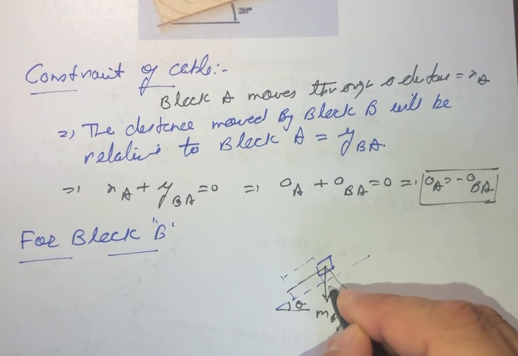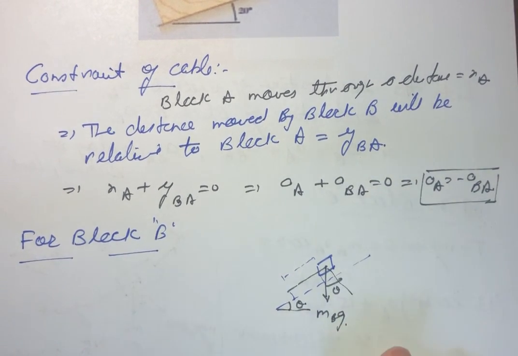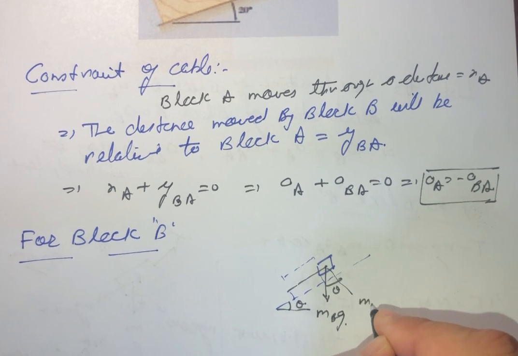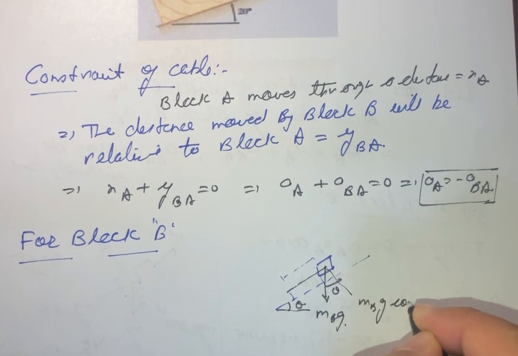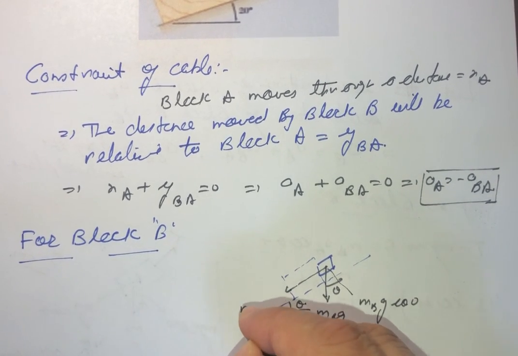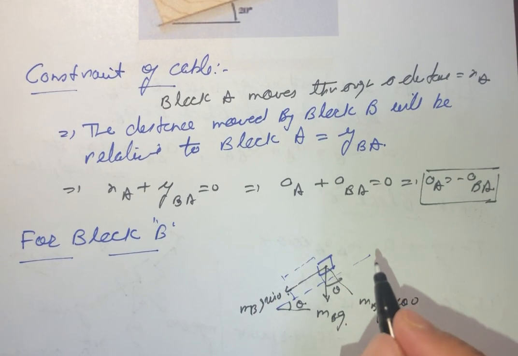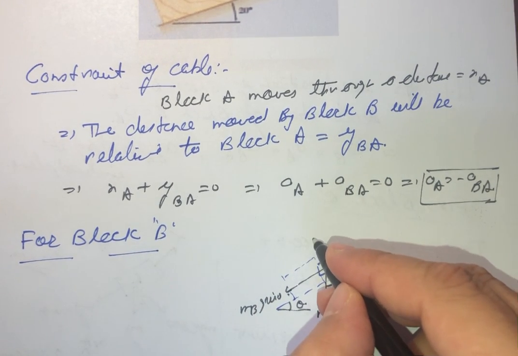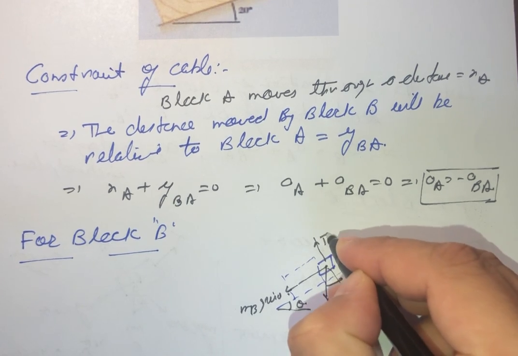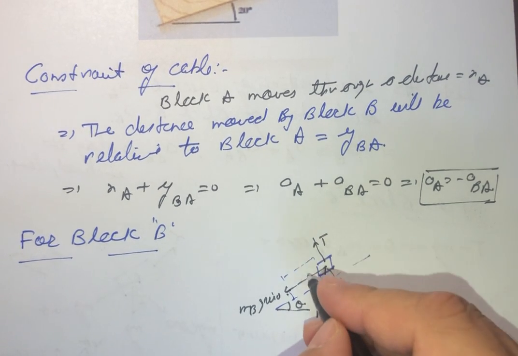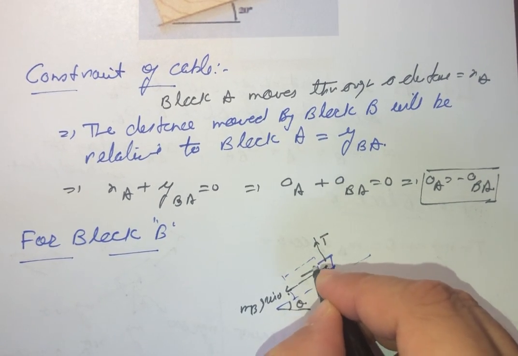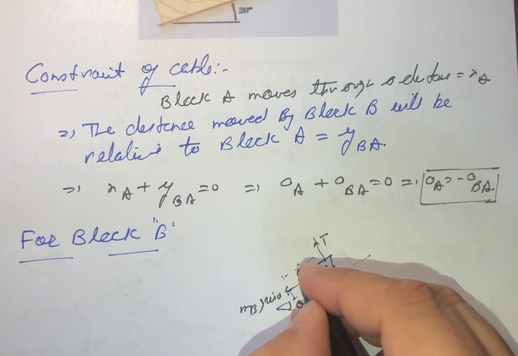So we have two components: mBg cos theta and mBg sine theta, and there will be tension T, and there will be normal NB in this direction.